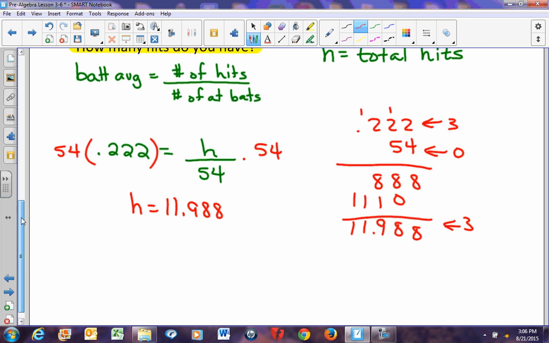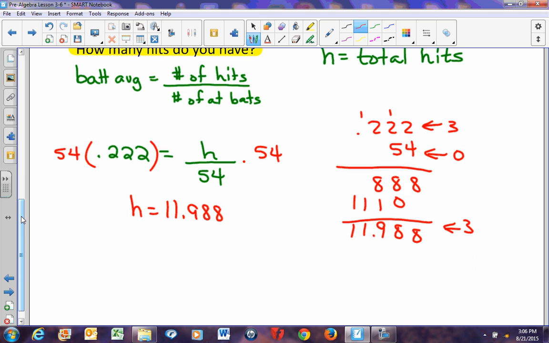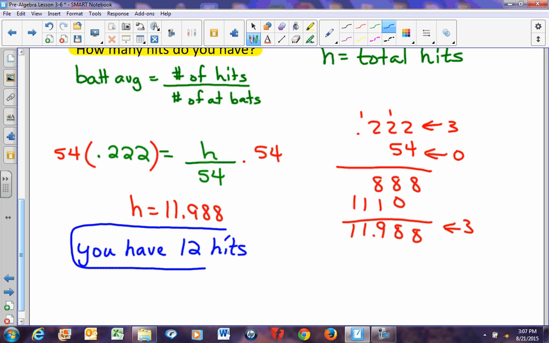In other words, he has 12 total hits. Solved your equation, interpreted it in the real world situation, and you have an answer.